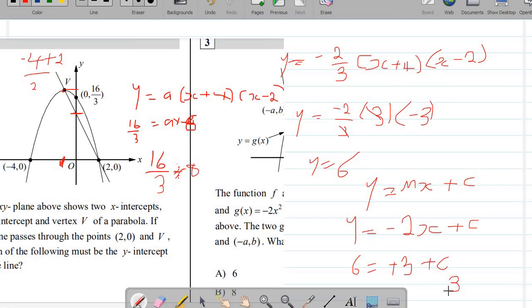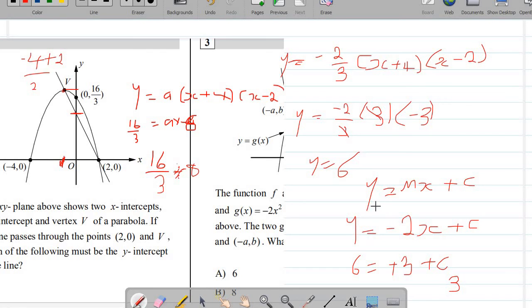So what is it at 0? When y is 0, we know that the intercept c is 3. So I've gotten an answer there. Let's go check. Is that true? Let's confirm very well.